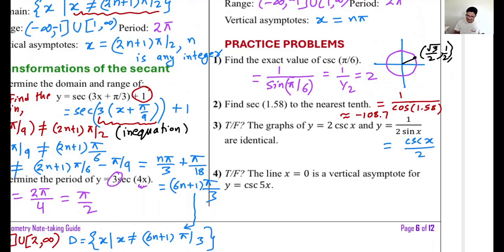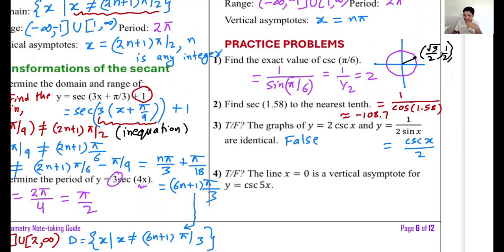The 2 stays there. So they're not the same. One is 2 cosec x, the other is cosec x over 2. So they're not identical. Similar shape, but vertically they're stretched or shrunk. Particularly the range will not be the same.